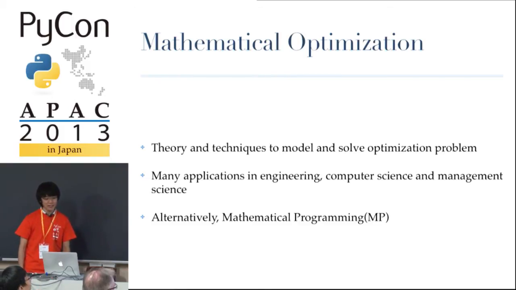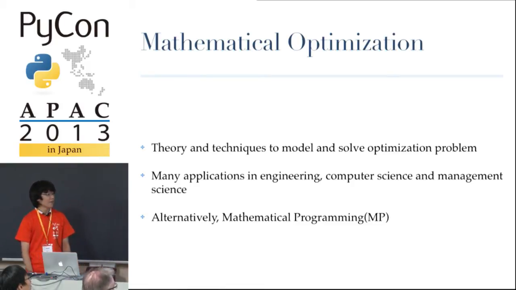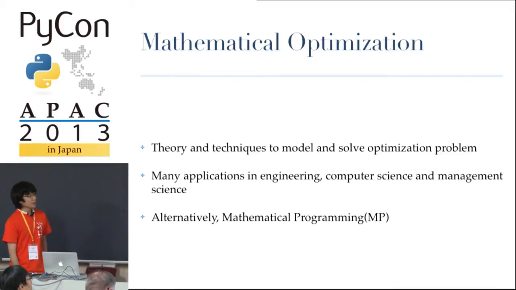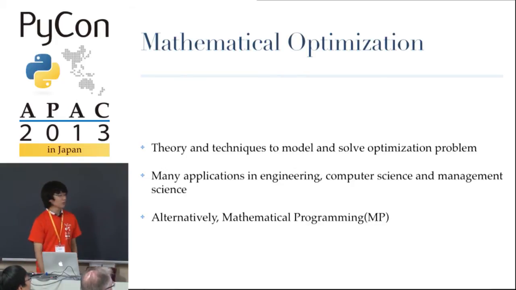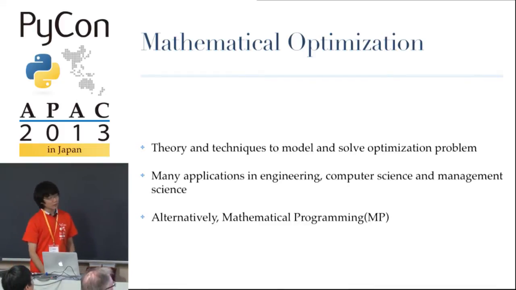It is theory and techniques to model and solve optimization problems. There are many applications in engineering, computer science and management science. Before, mathematical optimization was called mathematical programming, but in recent years the Mathematical Programming Society was renamed to the Mathematical Optimization Society.